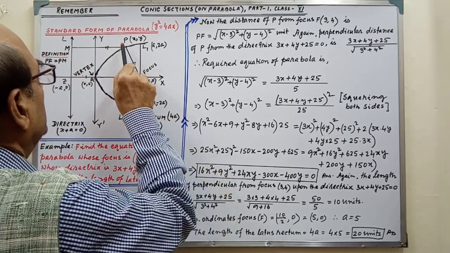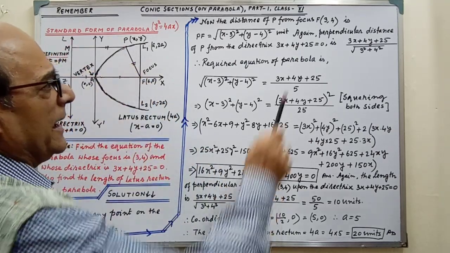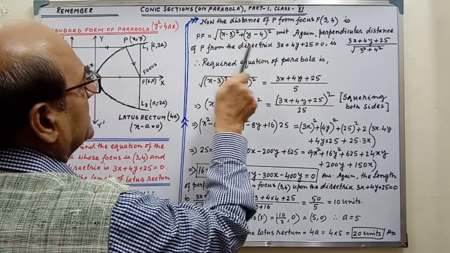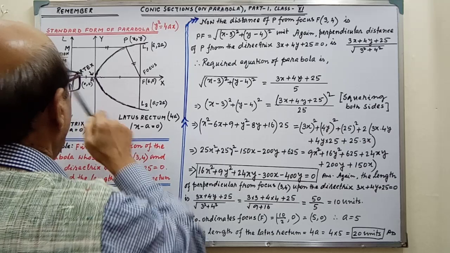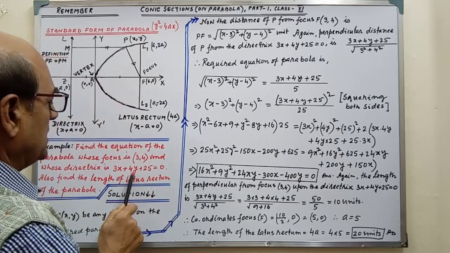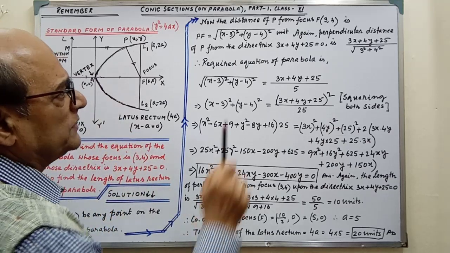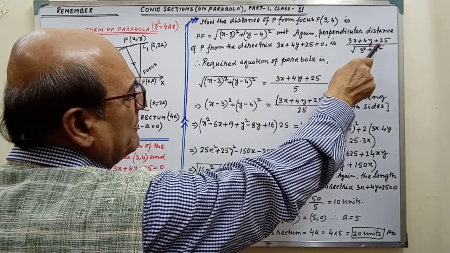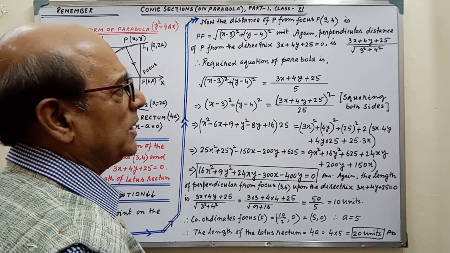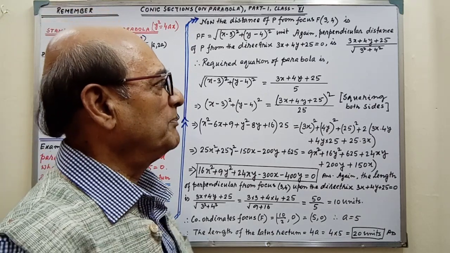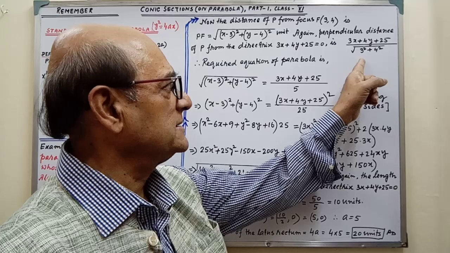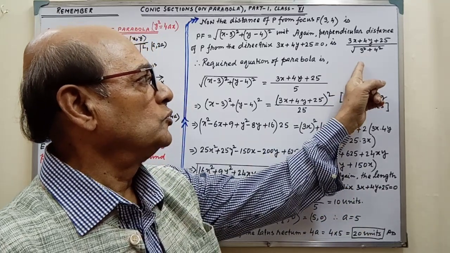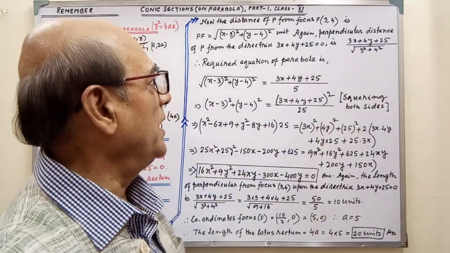Now we have to find the distance PM, the perpendicular distance of P from the directrix. The equation of the directrix here is given 3x plus 4y plus 25. By applying the formula ax1 plus by1 plus c, we get 3x plus 4y plus 25 over root over 3 square plus 4 square.